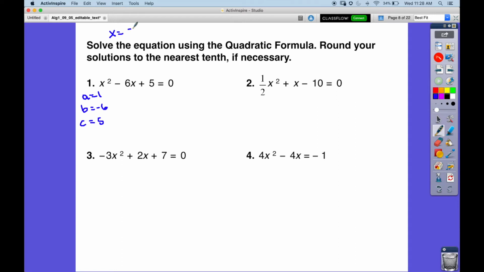X equals the opposite of B plus or minus the square root of B squared minus 4AC all over 2A. All right, so now let's plug that in.